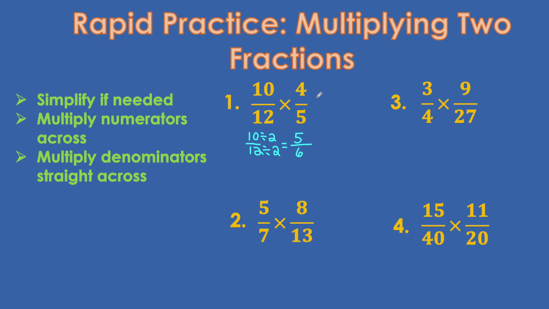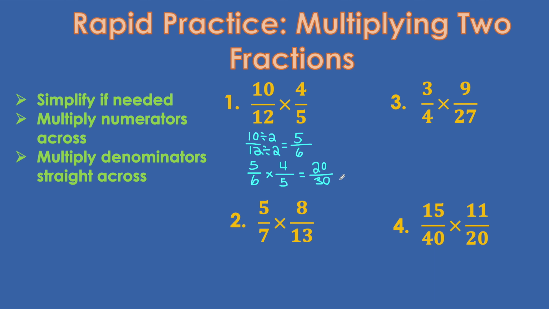Now we're going to multiply these two fractions together. So we have 5/6 times 4/5. Multiply numerators across. 5 times 4 is 20. 6 times 5 is 30.